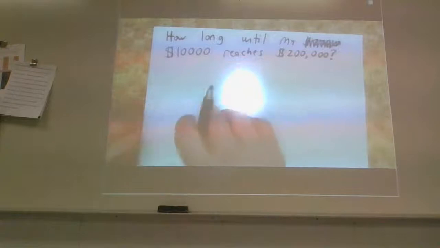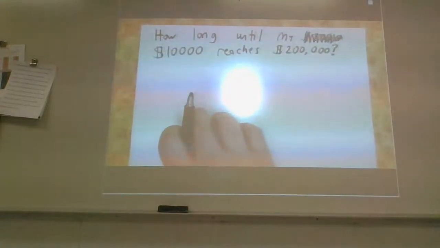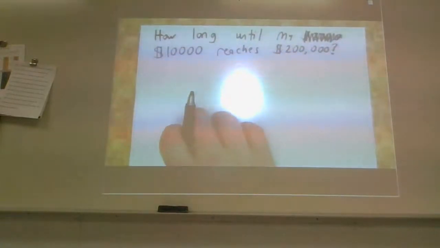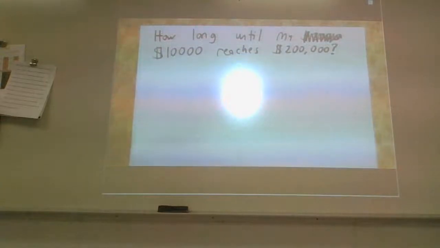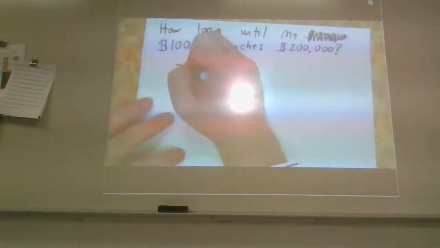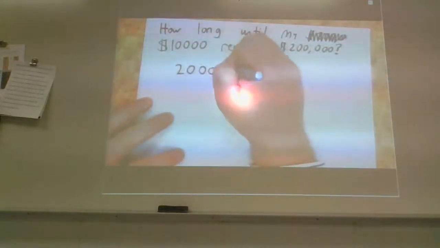This is something you will have to do on the project with different values. I say different values because you're going to have different interest rates. It's going to be a different amount that you're going to be reaching. But you're going to have to figure out how long it'll take, and you're going to have to show me the work. So it's similar information, except this is the setup to the problem.